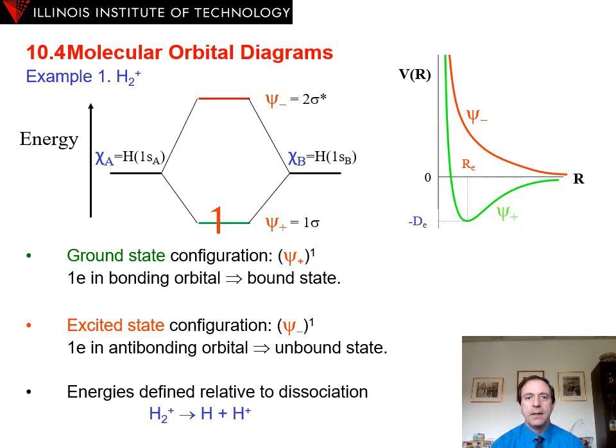That is, if that electron were in an excited state, if it were promoted to the next lowest energy level, which is the psi minus energy level, it would be on this dissociative curve, this exponential decay of sorts, where as the two nuclei get together, the energetics for that electron just get worse and worse as the two nuclei get closer together.